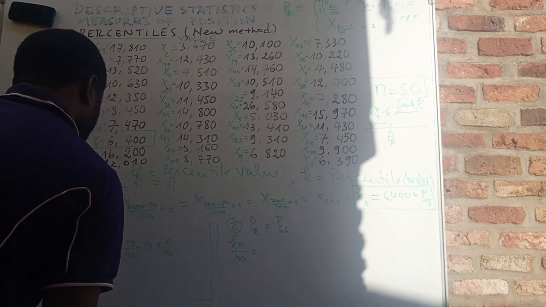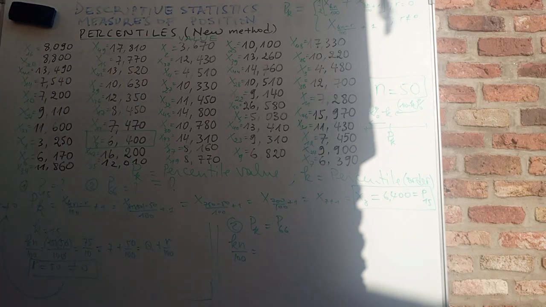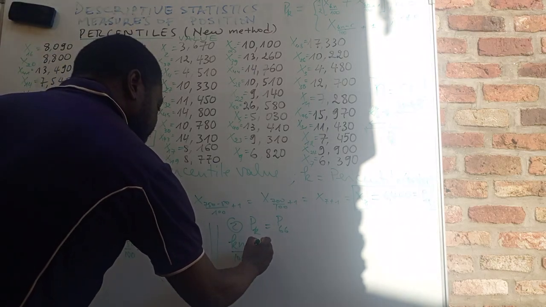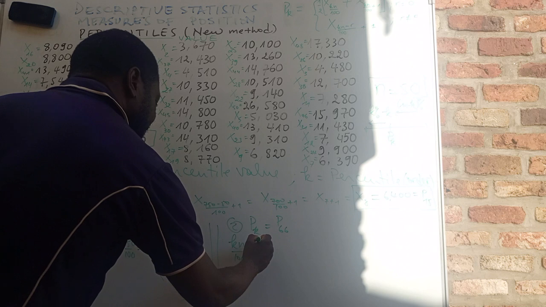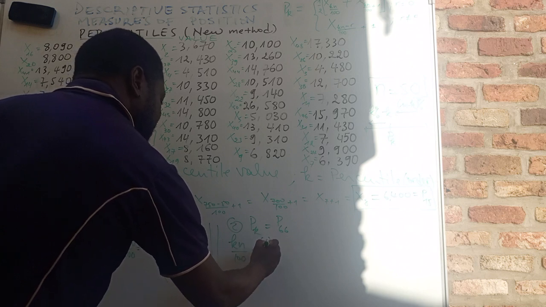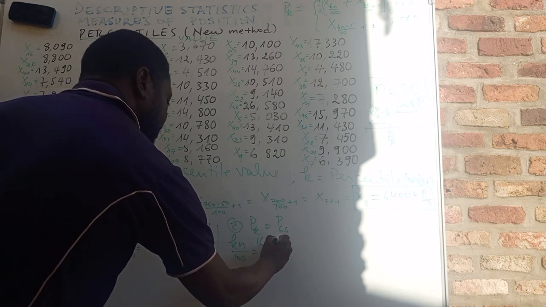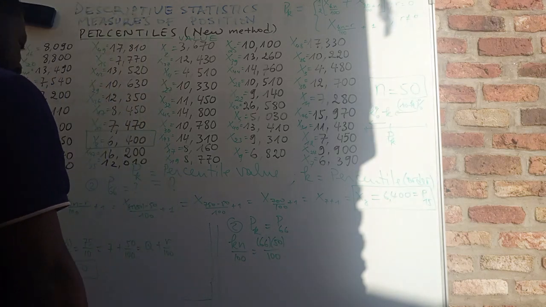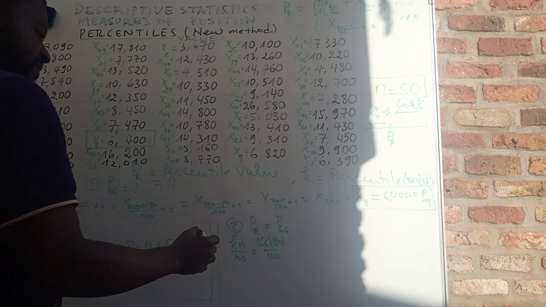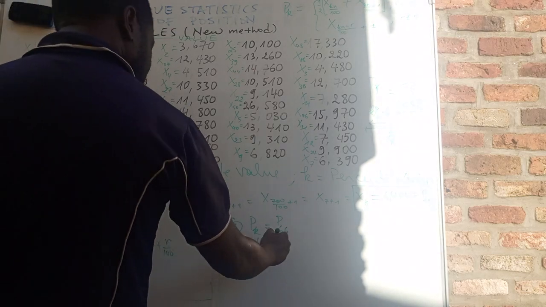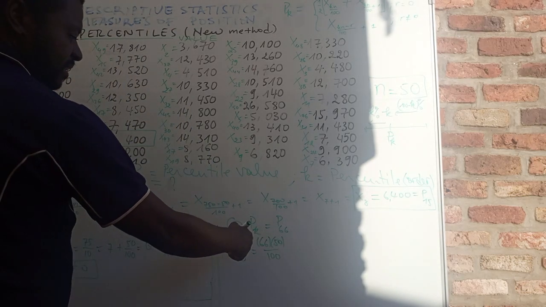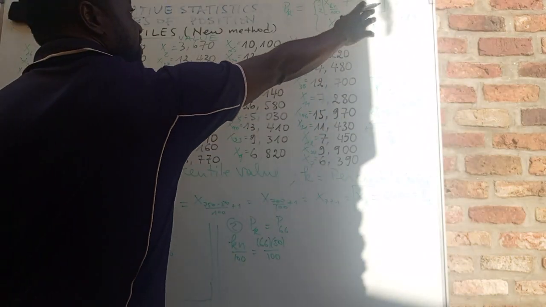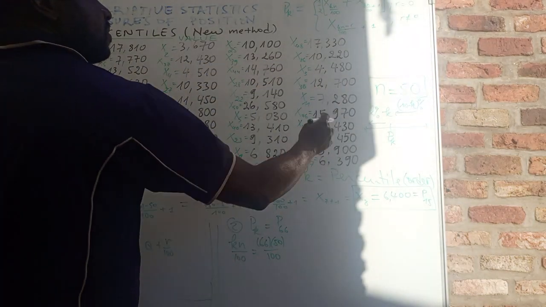So this is equal to 66 times n, which is 50, divided by 100, and then we are going to see if it is an exact quotient or not, in case the remainder is equal to 0 or different.